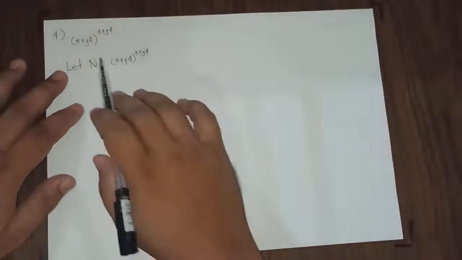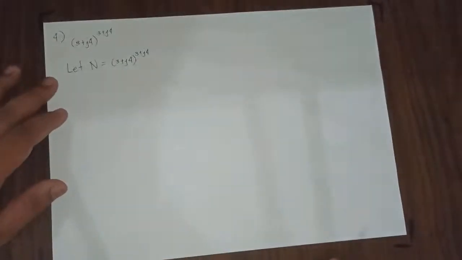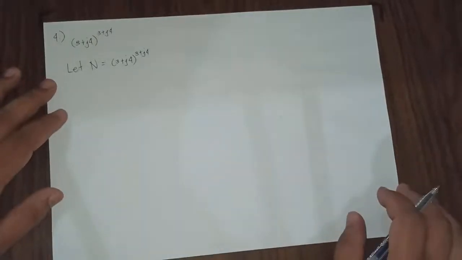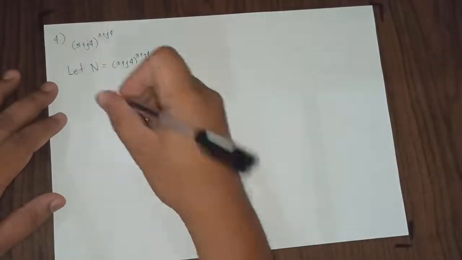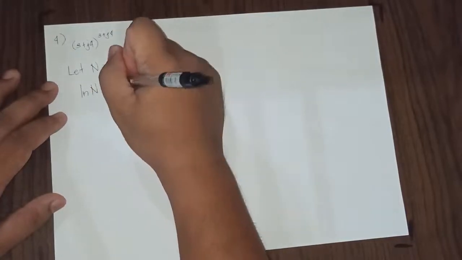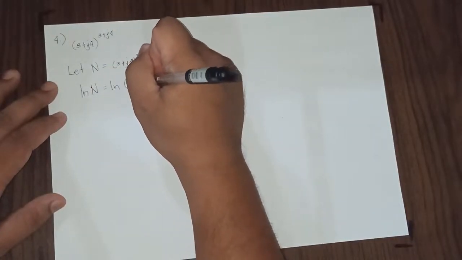When a complex number is raised to another complex number. Let n be equal to 3 plus j4 raised to 3 plus j4. When we apply ln n, we also apply it here to 3 plus j4.